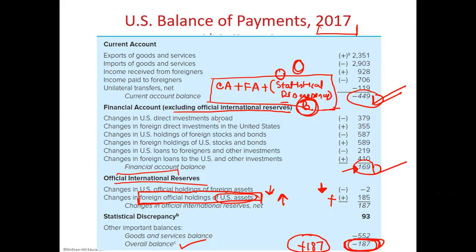I mean particularly the financial account. And if the US does the opposite, when the US makes loans to foreigners or other countries, that will be the minus, the debit item for the US. Just consider the ideal situation. Say, for example, here it is minus 449, and in the financial account we see 449 positive.